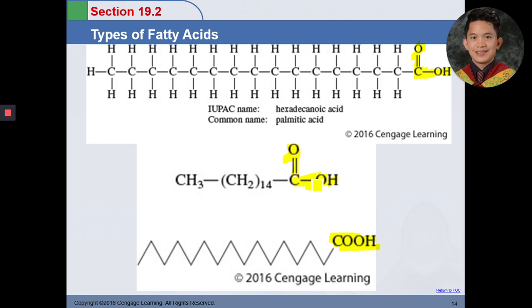So it stays true with the definition that fatty acids are indeed monocarboxylic acids because of these groups right here. So these are the carboxylic acid end of the fatty acid.